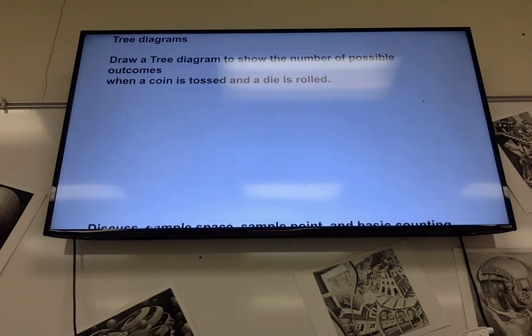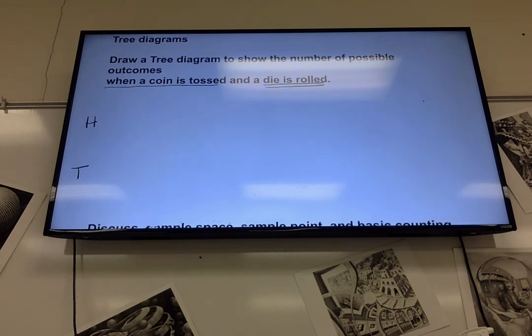So we're going to start with drawing this tree diagram when a coin is tossed. There are two outcomes. What are the outcomes when you flip a coin? Heads, tails, yeah. So we have heads or tails. Those are our two outcomes. And then a die is rolled.